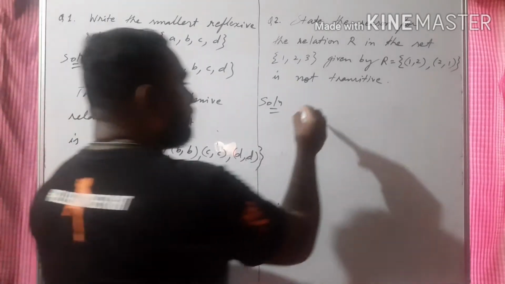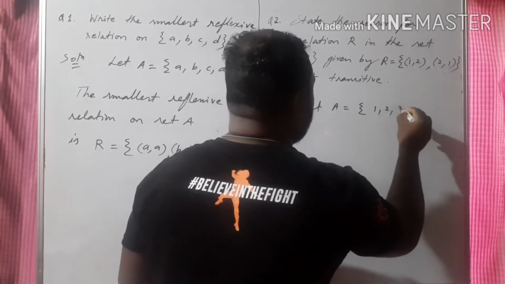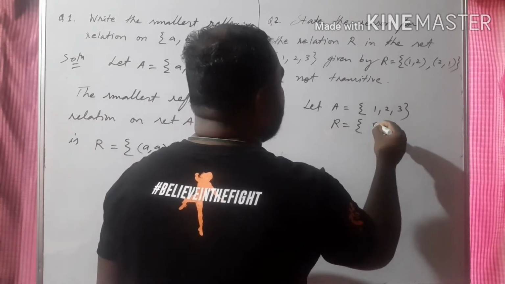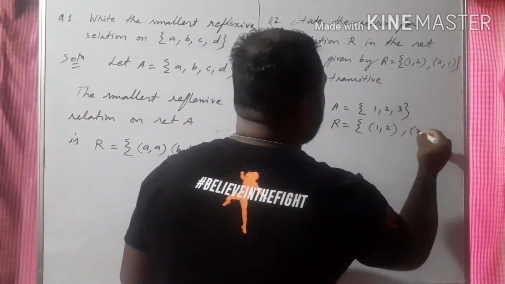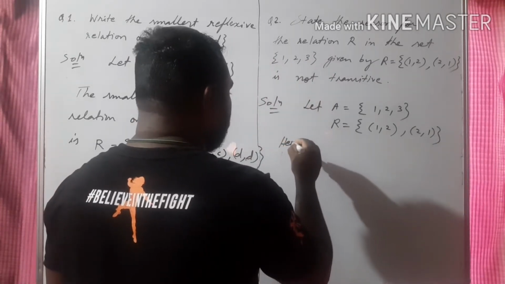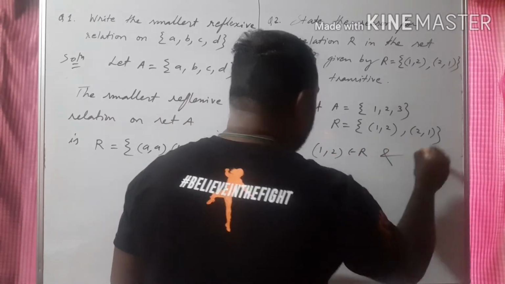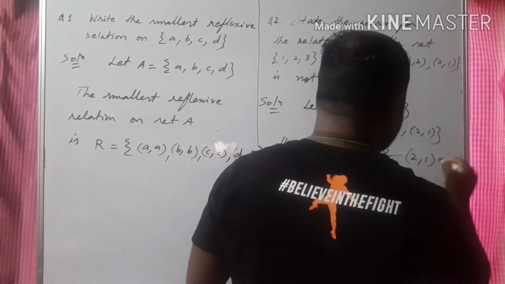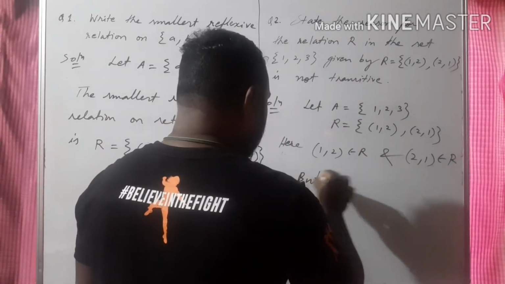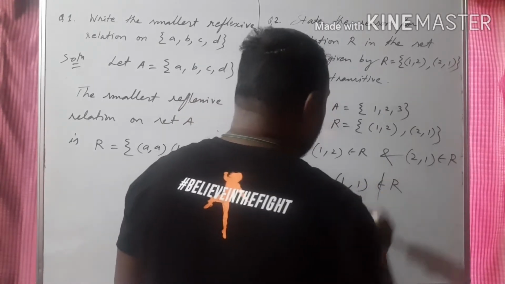Let me take the given set to be A, and the given relation is 1 2, 2 1. So here we can see that 1 2 belongs to R and 2 1 belongs to the relation R, but 1 comma 1 does not belong to R.